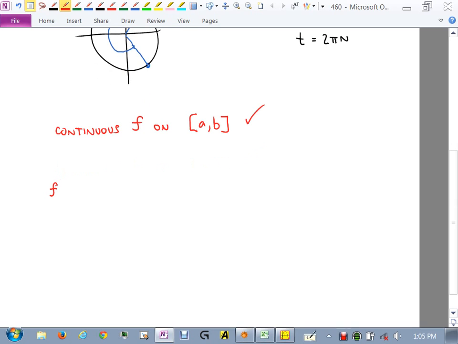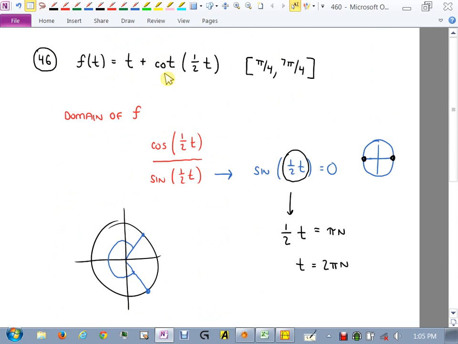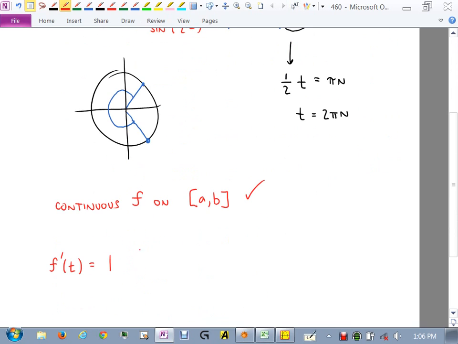The derivative of f with respect to t is 1 plus, well, is it plus? What's the derivative of cotangent of something? Negative cosecant squared of that something. So this is going to become negative cosecant squared of that something.